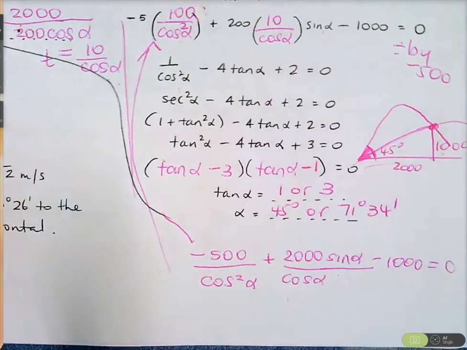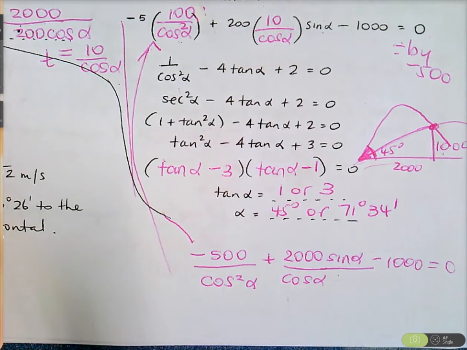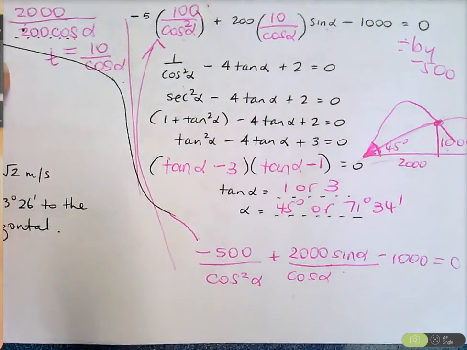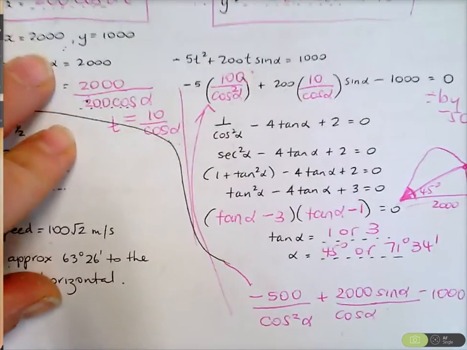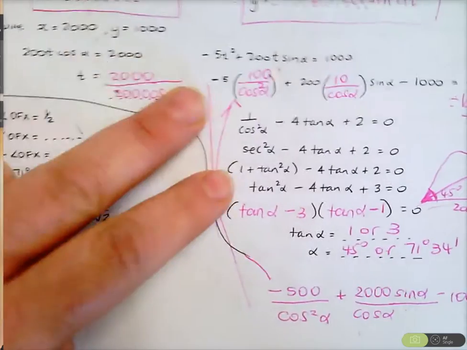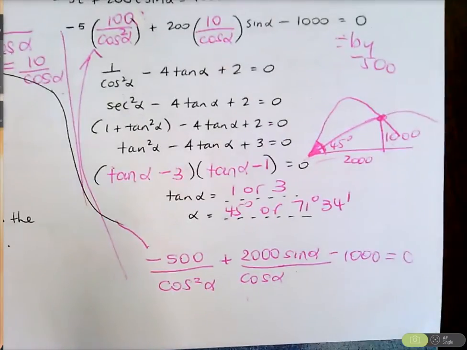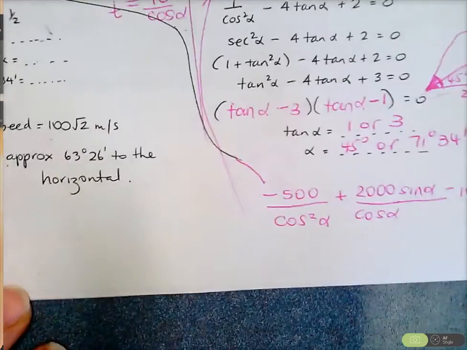It's like parametric equations: there's no t anymore. We make t the subject and substitute. There's no x and y's because we replace the x and y with values. All right, we'll practice more of those, don't worry.